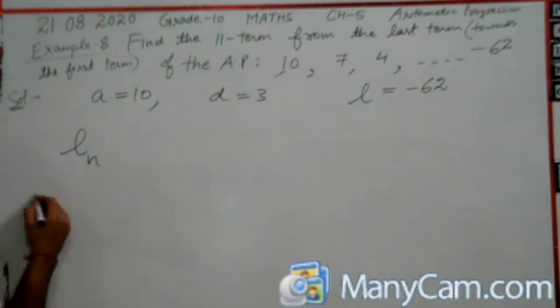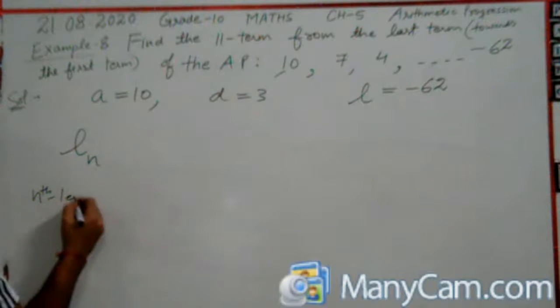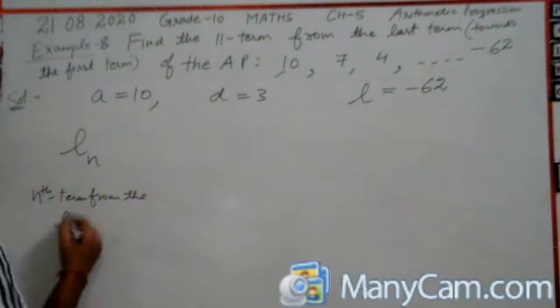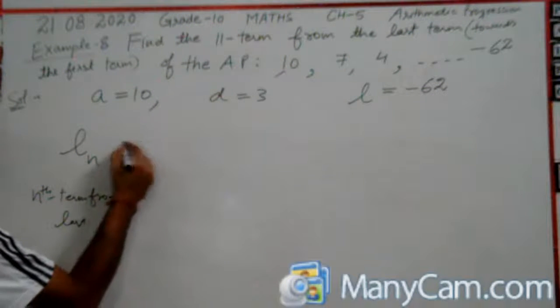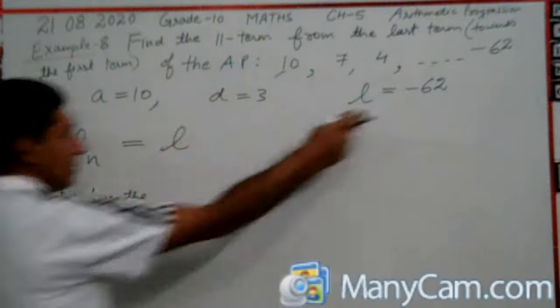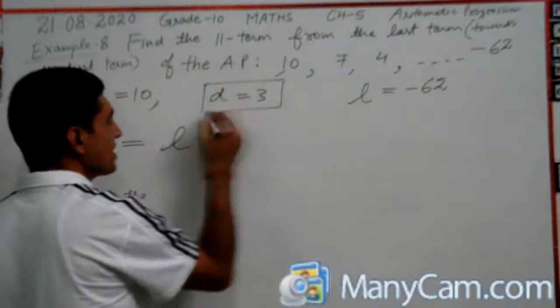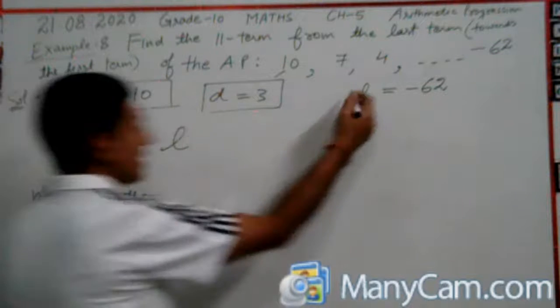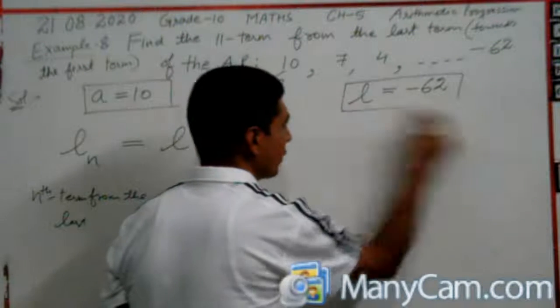You can recollect, no problem. We can write this as the nth term from the last term. This is the formula you can note down. Here this is the first term, and this is the last term. L stands for the last term.